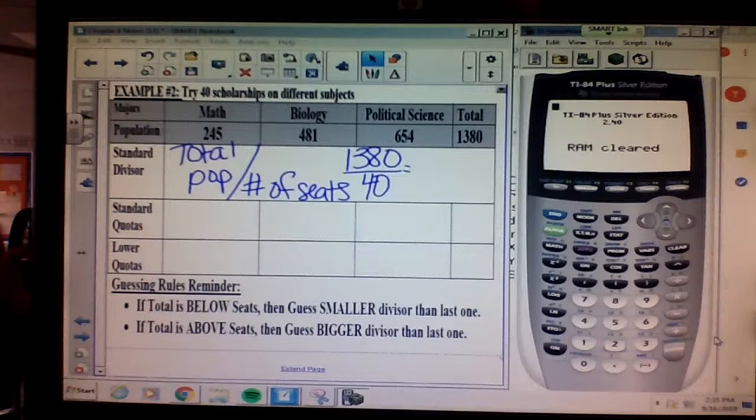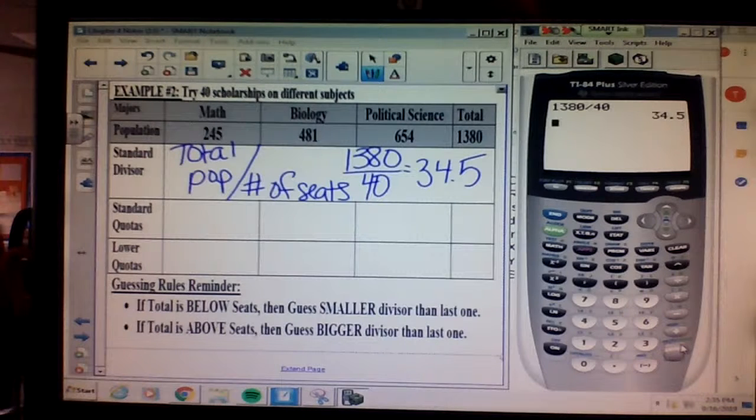So on your calculator, we're going to hit 1380 divided by 40. My standard divisor is 34.5. So I now need to divide all of these by 34.5.